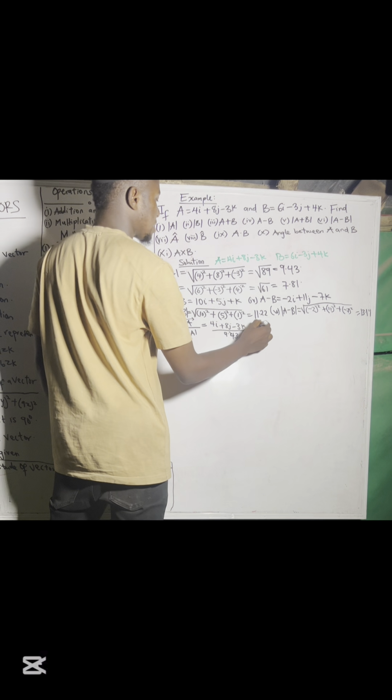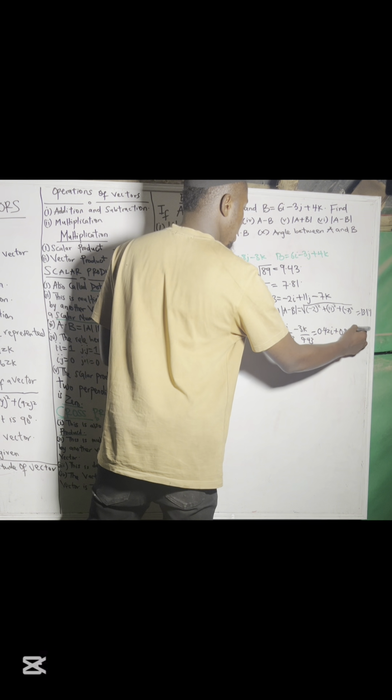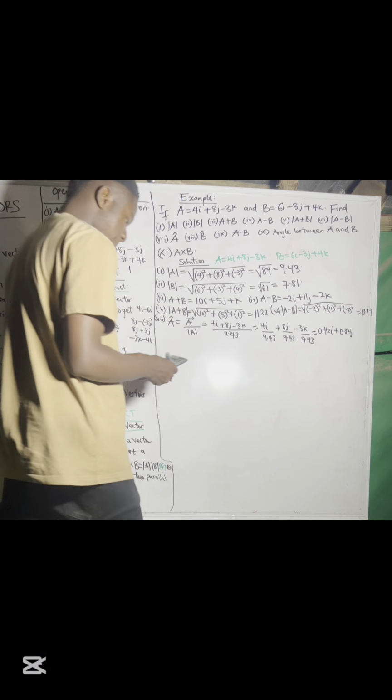So if you press 4 divided by 9.43, we are going to be getting 0.42i, plus press 8 divided by 9.43, that equals 0.84j, and press 3 divided by 9.43, that equals 0.32k. That's 0.32k. So that's how to do your A cap, the unit vector.